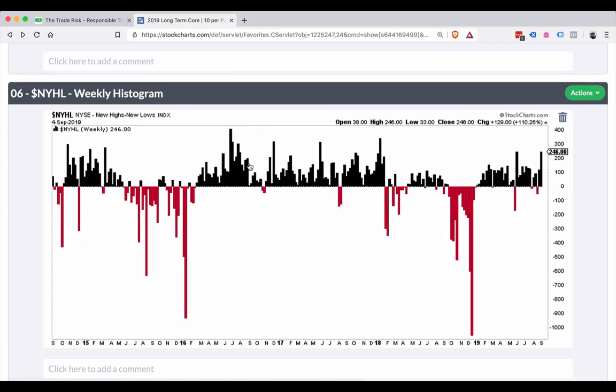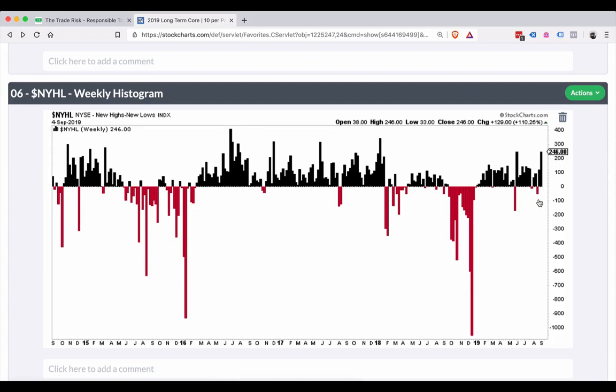Obviously, back in the strongly trending environments, you like to see readings up here more consistently above 200, 250 when you're in that nice strongly trending phase, or when you're about to enter a new trending phase. You like to see nice thrusts higher here and lots of stocks hitting new 52-week highs. So we don't quite have the extreme strength, but we certainly are on the right side of the fence if you're in the bull camp, because we are hanging out here and working on the upper end or positive note.